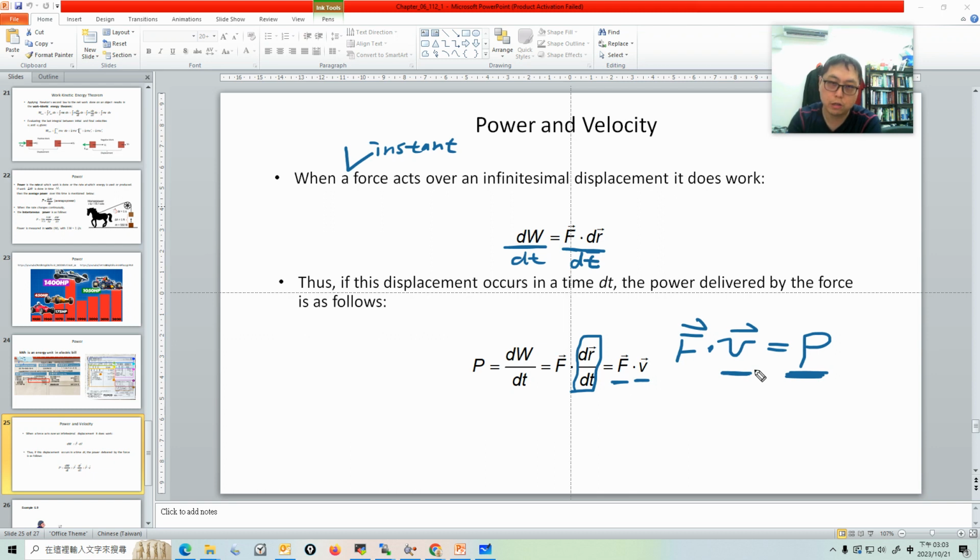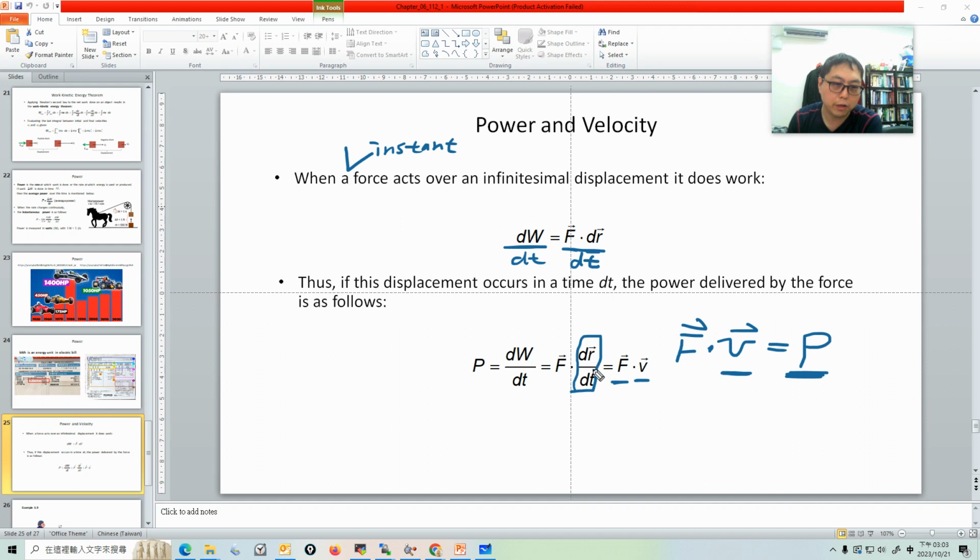This physical quantity, velocity, has a close relationship to energy and power. That's why when we discuss mechanical systems, we are interested in velocity, because it relates to energy and power.